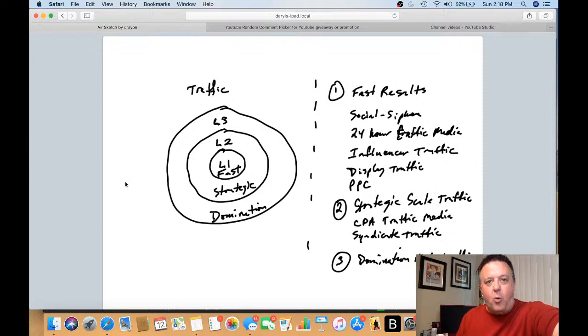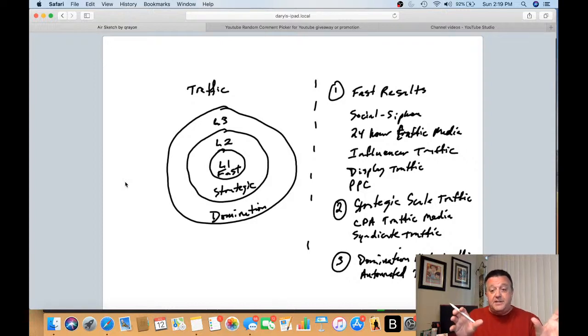Now, one of those methods, and again, I'm not going to describe it much here, is the automated traffic machine. And this is really where you are getting other people, affiliates maybe, to recommend your product for you.